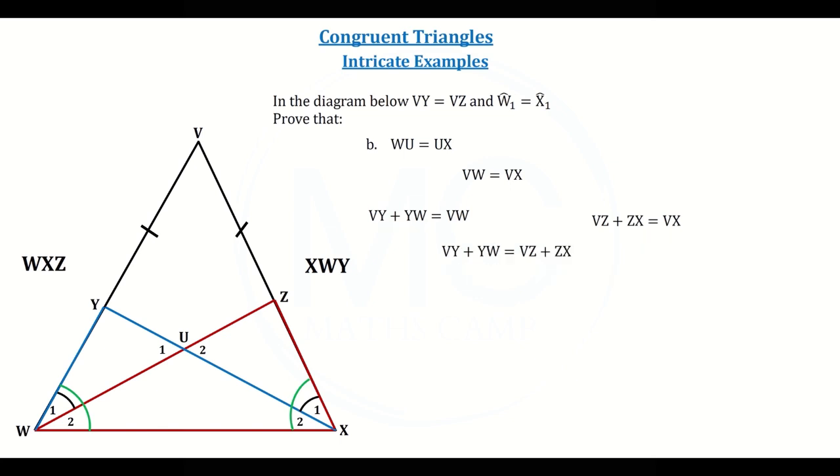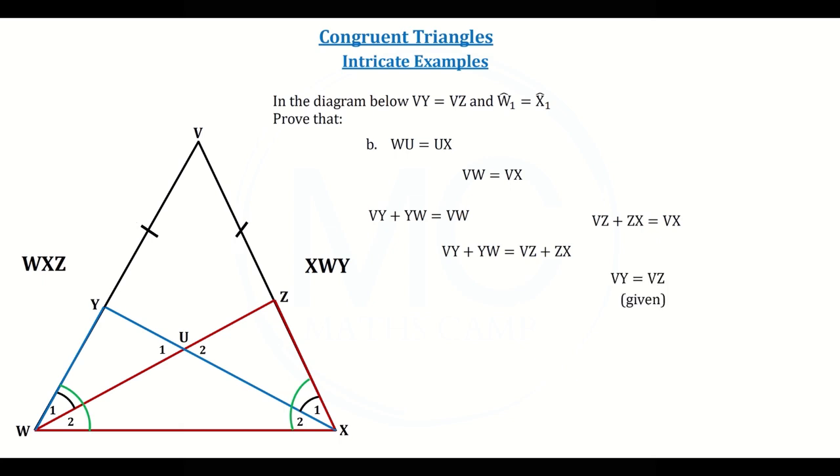But the question also tells us that VY is equal to VZ, and we can see this in our diagram over here and over here. So let's make a note that VY is equal to VZ, because this information has been given to us in the question.